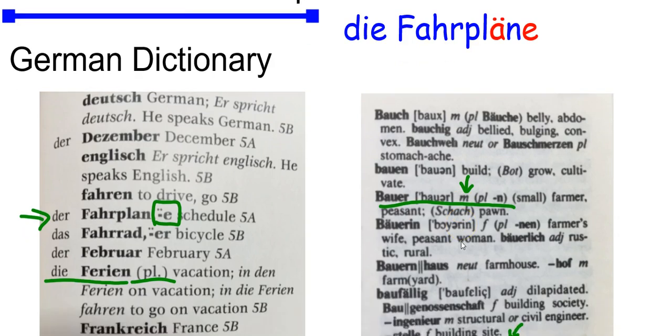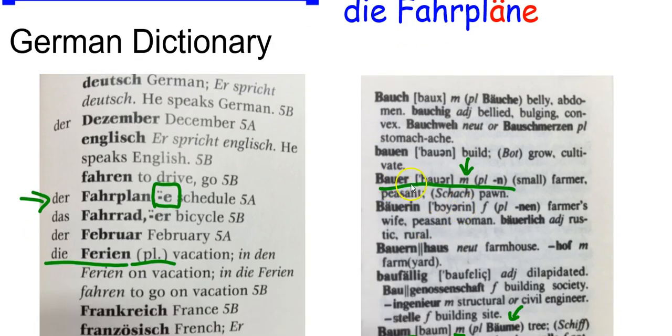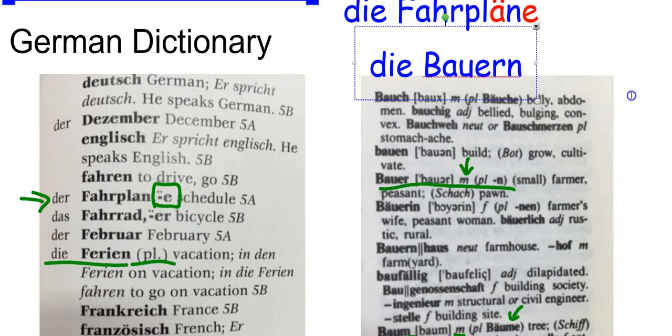Here in another different type of German dictionary, so a farmer, it tells us that it's masculine. Well, we know when we make it plural, it's going to become die. And then here it tells us the plural is a dash N. So I'm going to write the word, and I'm going to add an N. So to say farmers, we say die Bauern.